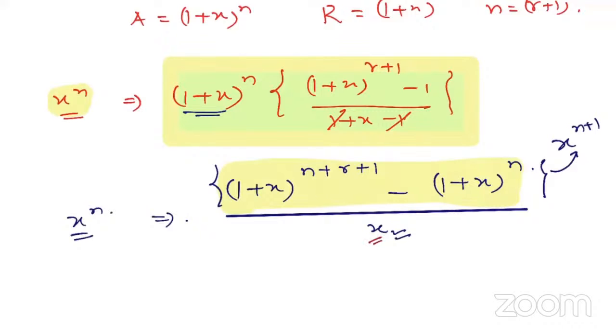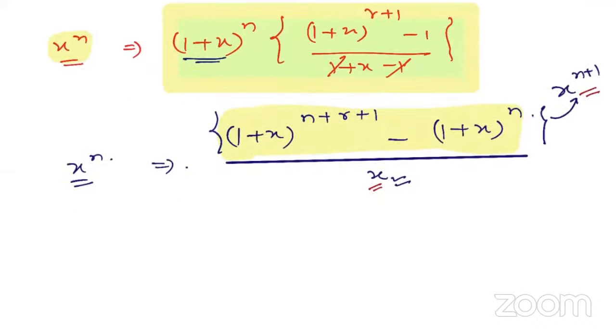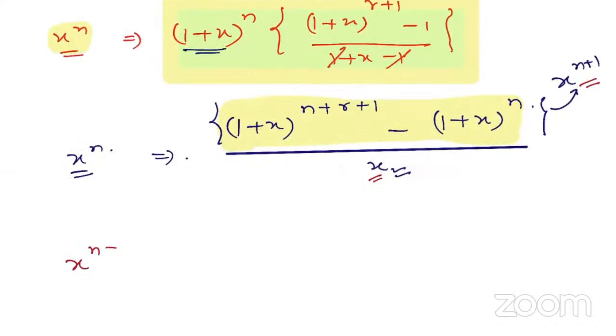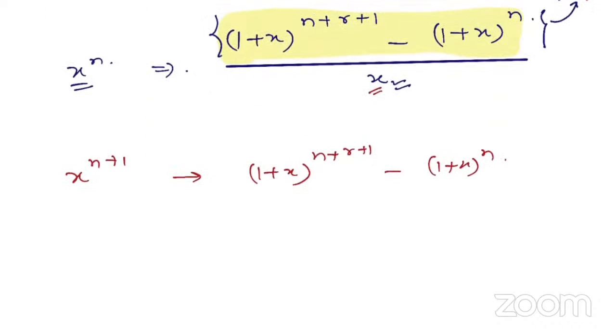Hope everyone is getting this. So my question is the coefficient of x to the power n plus 1 from the numerator one.